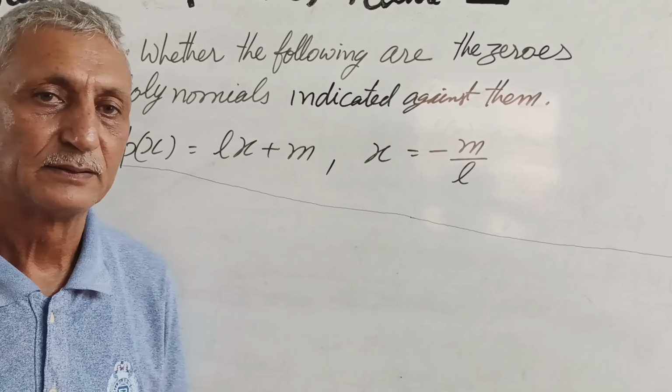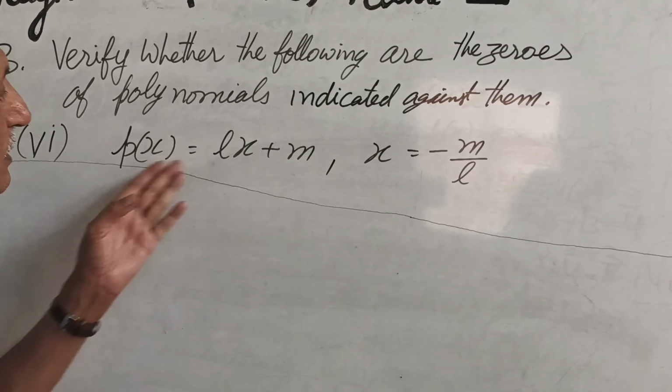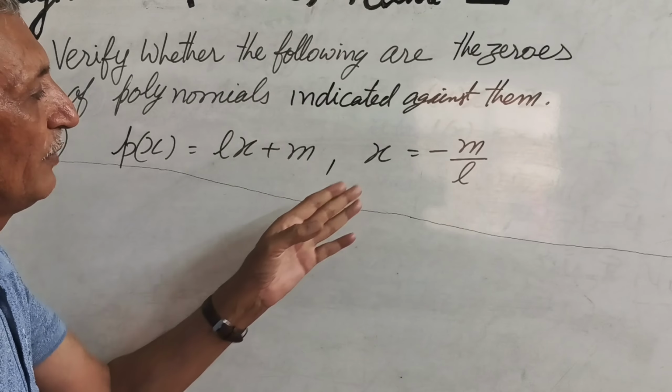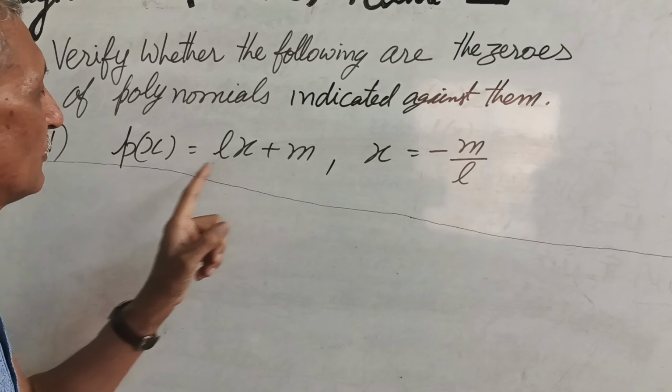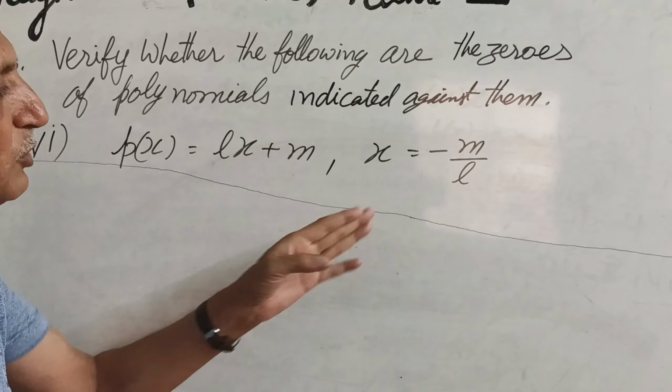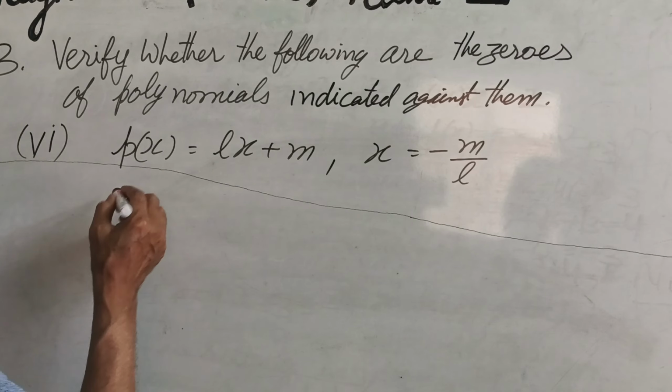Part 6. See, this is the polynomial and we have to check whether this is a zero of this polynomial. Let's put this instead of x.